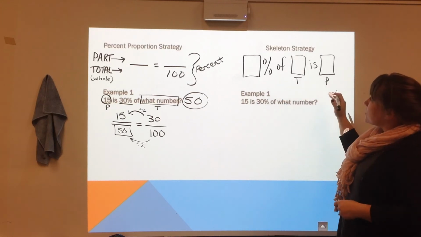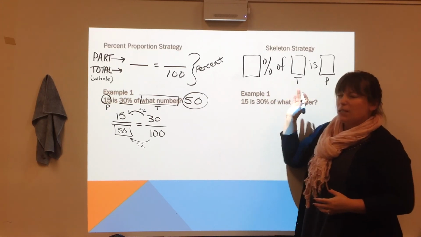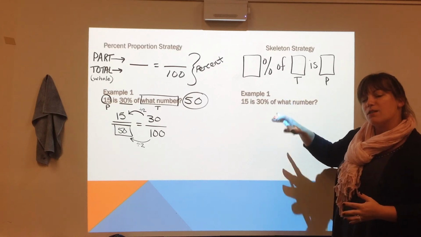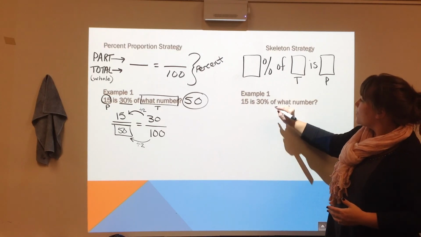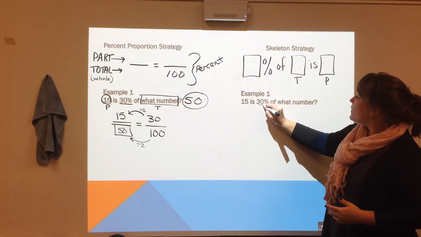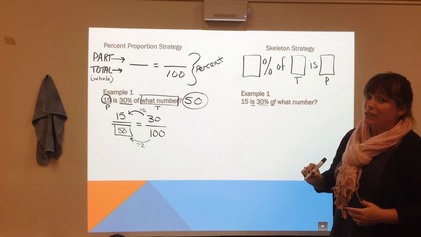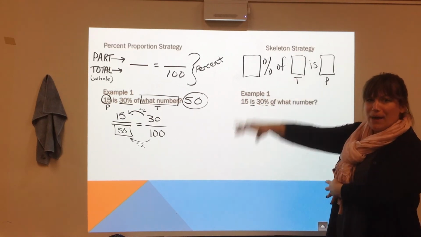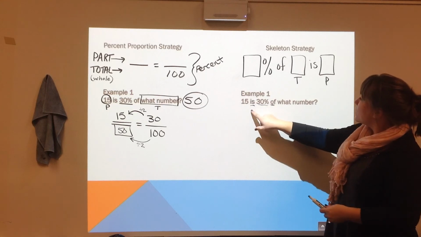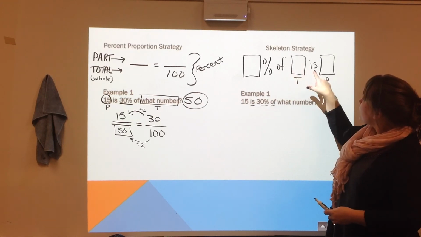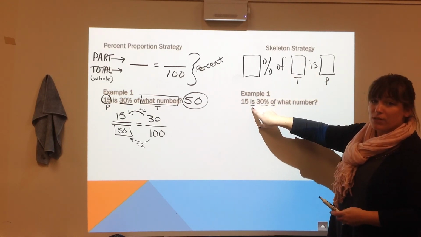So this is the skeleton. And I like using the skeleton because the same pieces are there. You have the of, you have the 30%, and you have the is. It's just backwards. So the is over here in the skeleton, and it comes first.